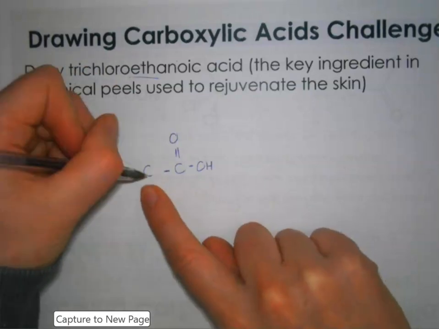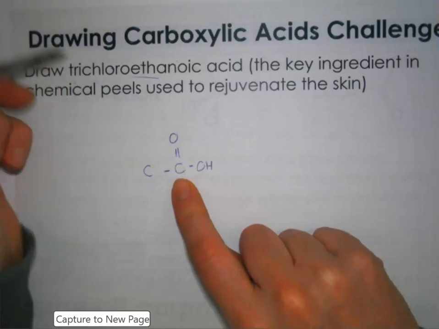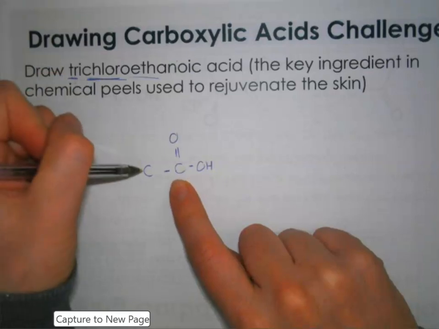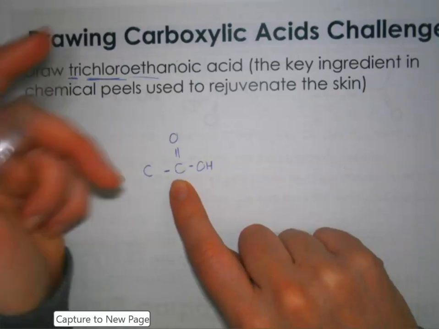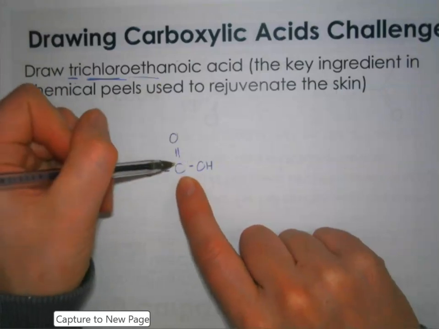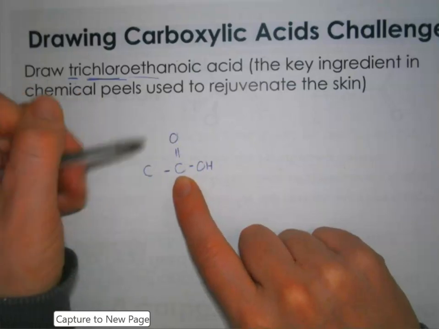For this carbon, it has the bond to a carbon, but now it has 3 available bond spaces. And we know that this was trichloro, so that means that there has to be 3 chlorines in this structure. They cannot attach to the carbon that is in the carboxyl group because it already is full in order to make the chain with the ethyl.